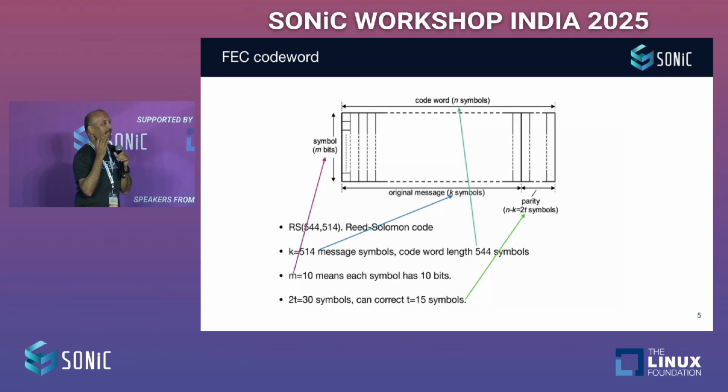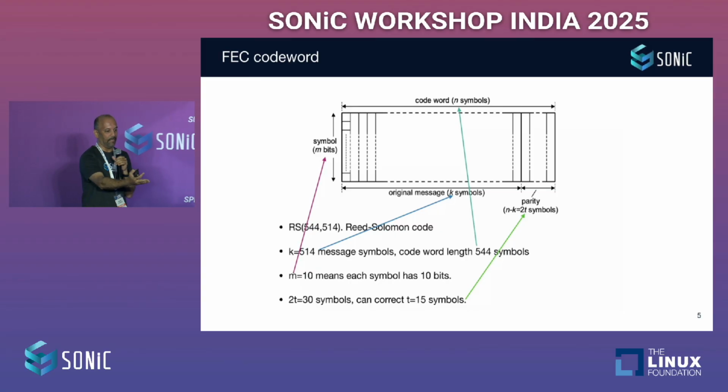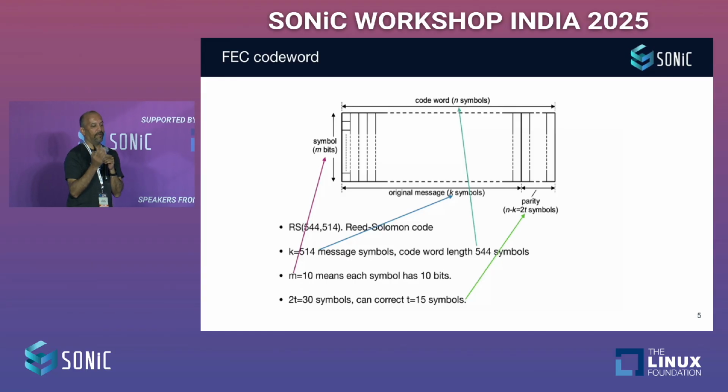Every frame gets divided into multiple code words and then transmitted. For example, the Reed-Solomon code 544 has 544 symbols, out of which 514 symbols contain the actual message and 30 symbols contain the parity.